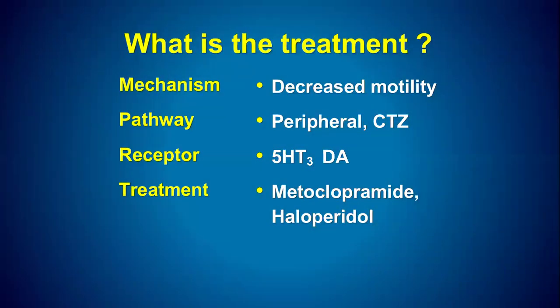Again, you can give a dopaminergic here, so either metoclopramide or haloperidol or 5-HT3, that is ondansetron. So haloperidol is basically a dopaminergic antagonist, right? So they have the effect on the cortex and the chemoreceptor trigger zone.